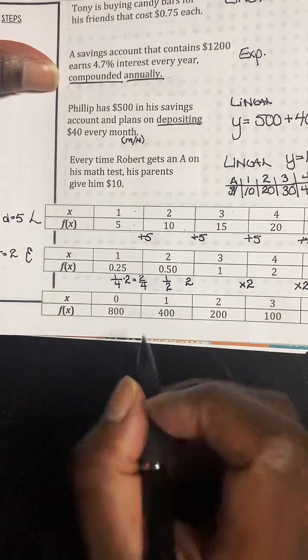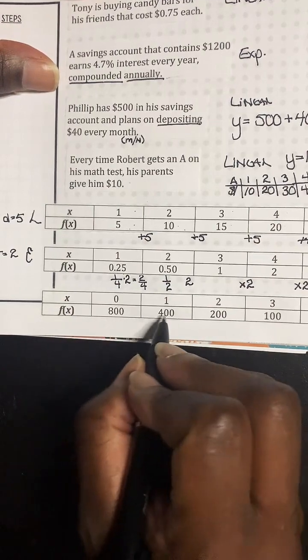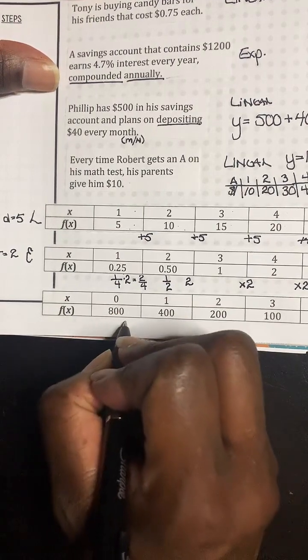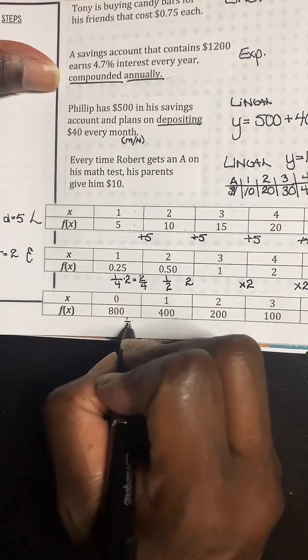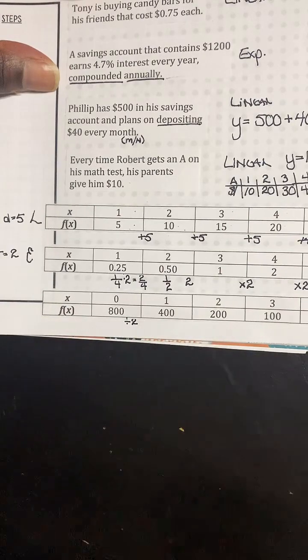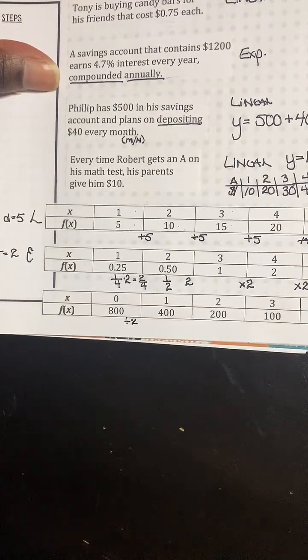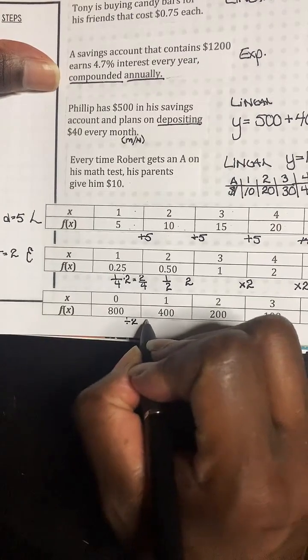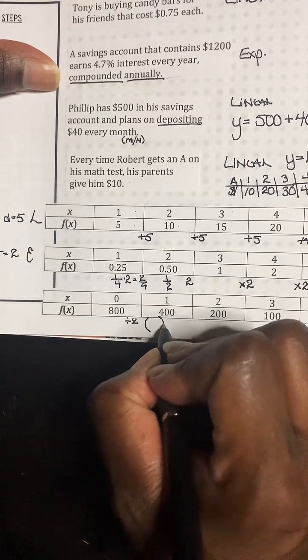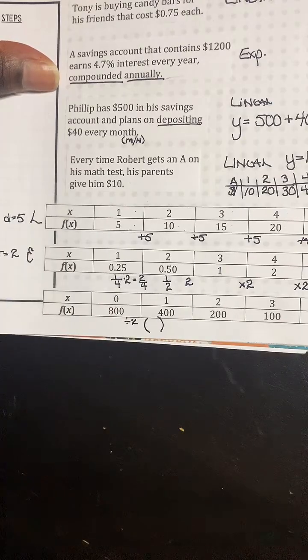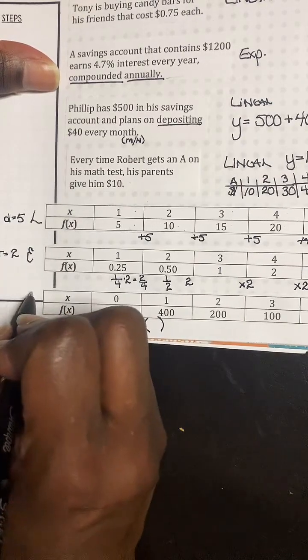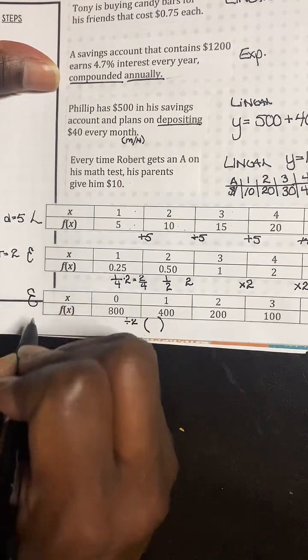So for me to go from 800 to 400, a lot of people would say divide by 2. But when it comes to the geometric function, it's not division, it's going to be multiplication. So what is my common ratio? Because we all agree it's exponential.